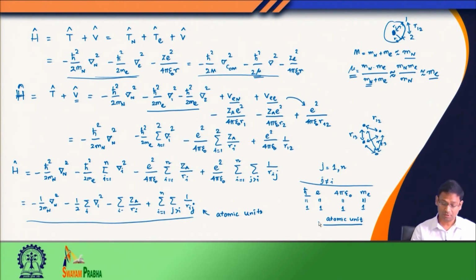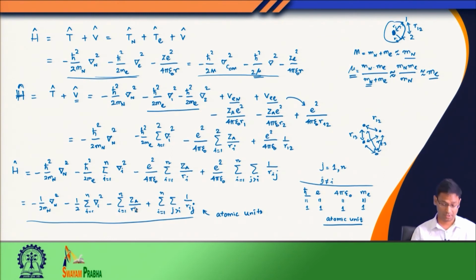Now, we wrote down the Hamiltonian of this system for any atom with any number of electrons. We simply have to keep changing the value of n in this summation.